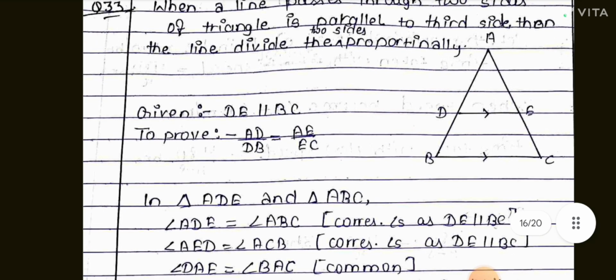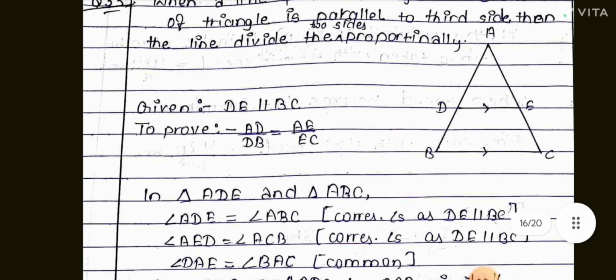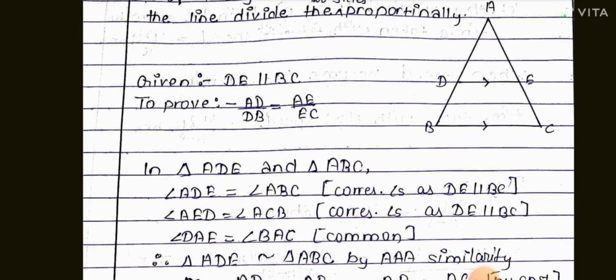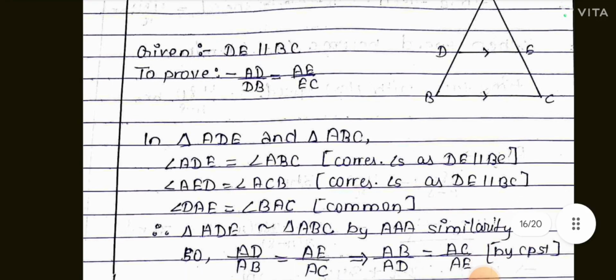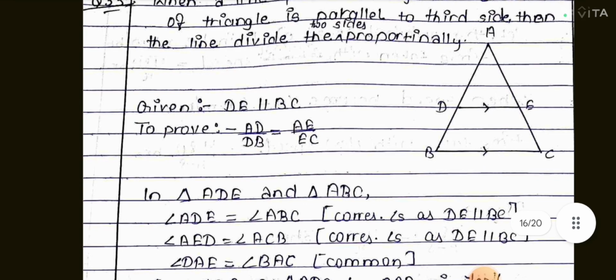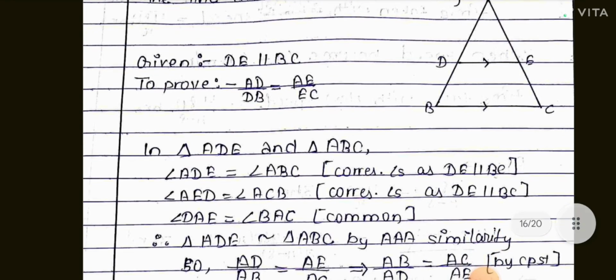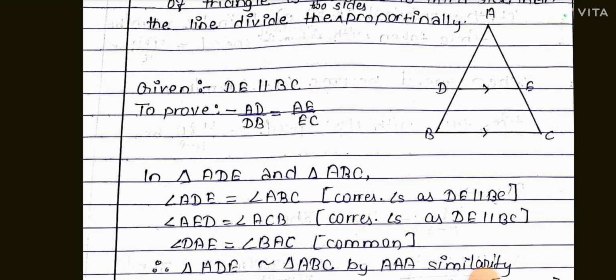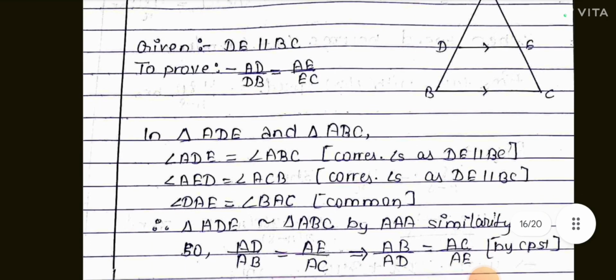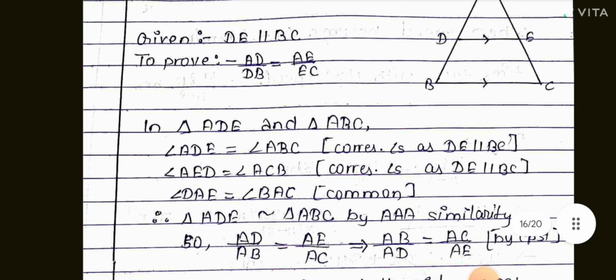If we take triangle ADE and triangle ABC, DE parallel to BC, so we can say that angle ADE equals angle ABC by corresponding angles, and angle AED equals angle ACB also by corresponding angles, and angle A is common. So both triangle ADE and triangle ABC are similar by AAA, or AA similarity.